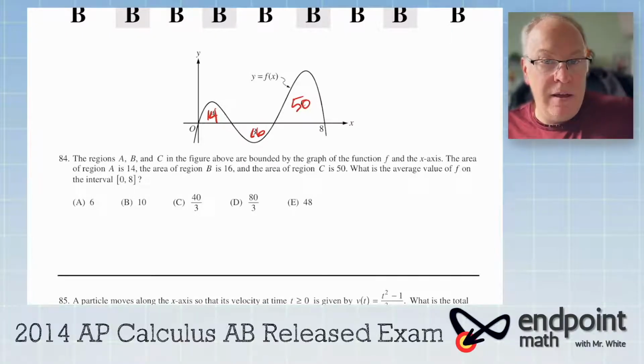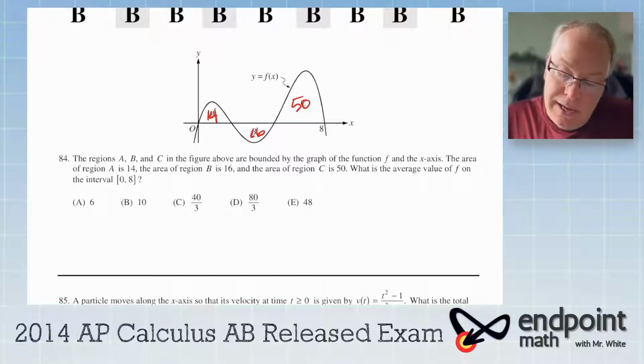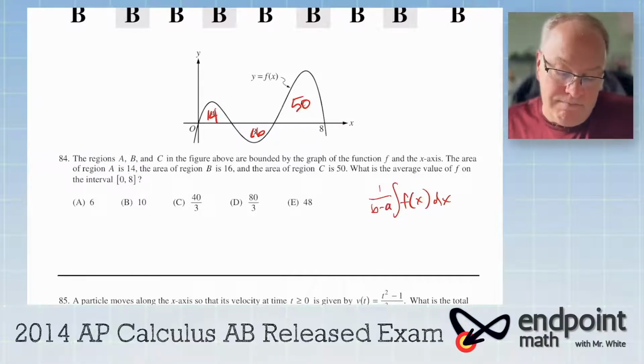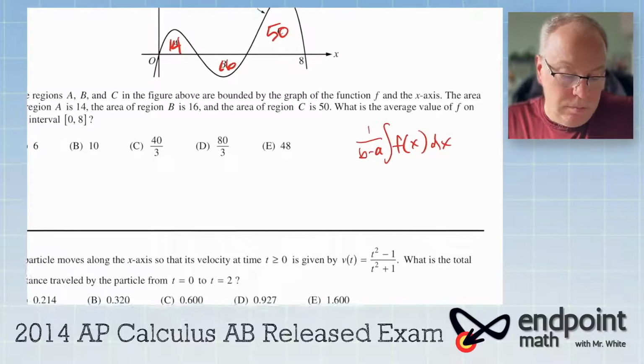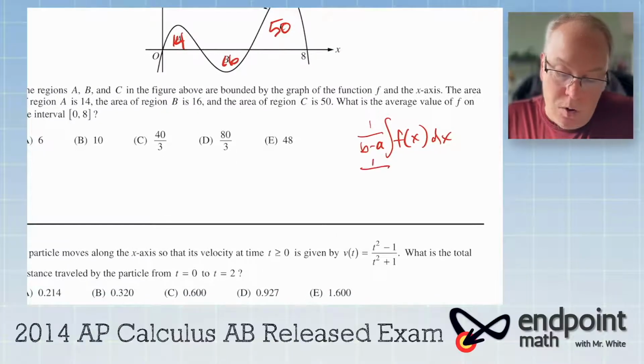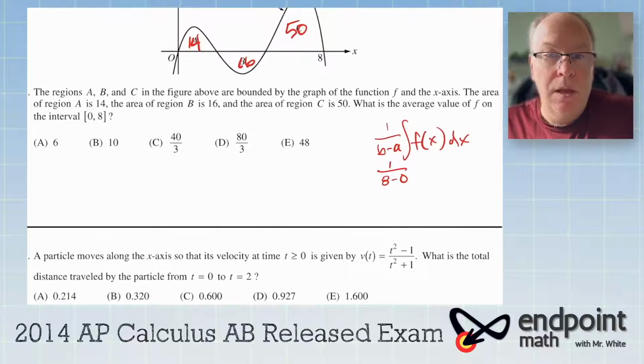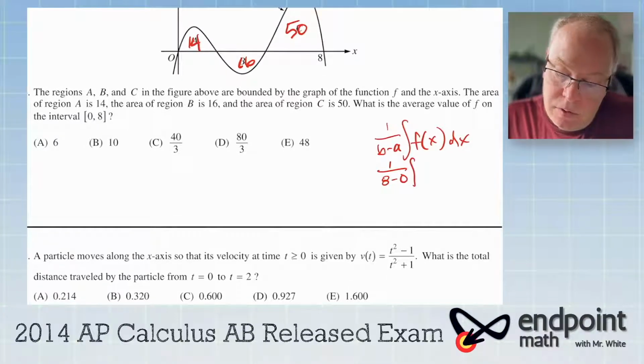Now, average value is where you take the integral of the function, not the absolute value of the function, just the function, and you divide by b minus a. So this would be 1 over 8 minus 0, of course, right? What about the value of the integral?